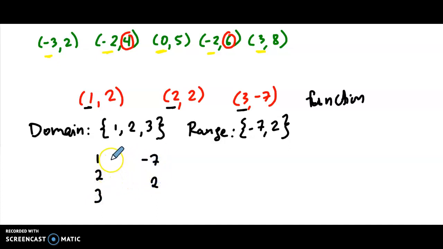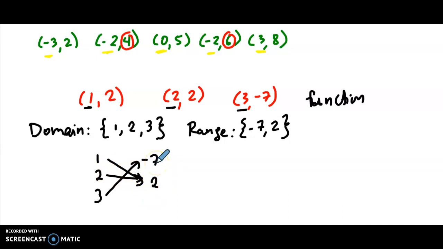So here's what's going on. You have 1 that goes to 2. You have 2 that goes to 2. And you have 3 that goes to -7. So all the x are different and all the x are going somewhere, and that tells us that it's a function. It doesn't matter that both of these x's go to 2. That is not a problem. So this is a function.